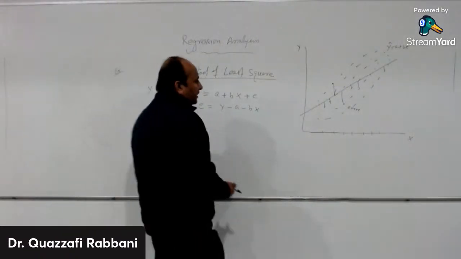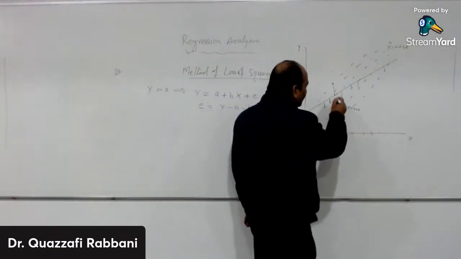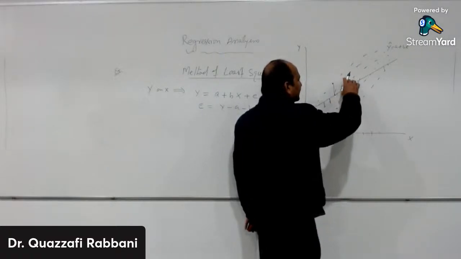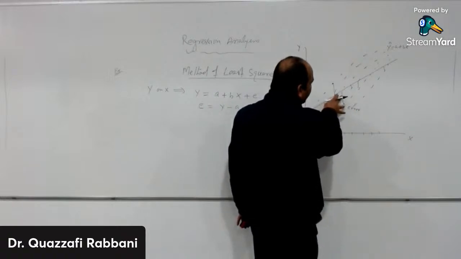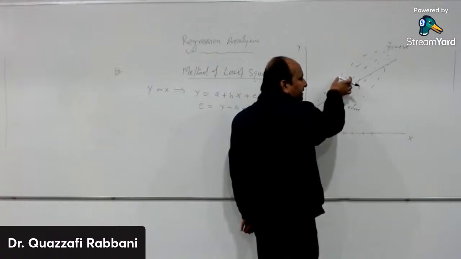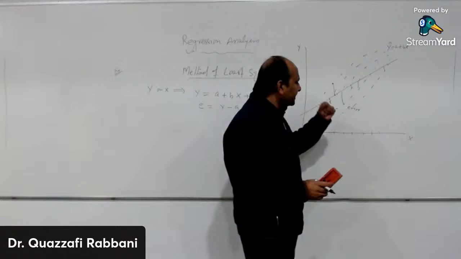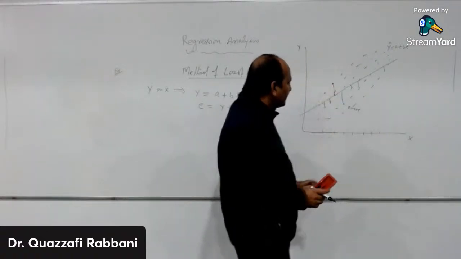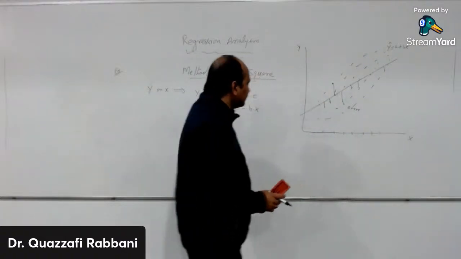And see here, some values are lower than the estimated value, and some values are greater than the estimated value. So some differences are negative and some differences are positive. If you sum them, it will become zero.